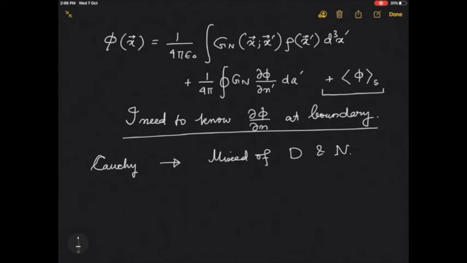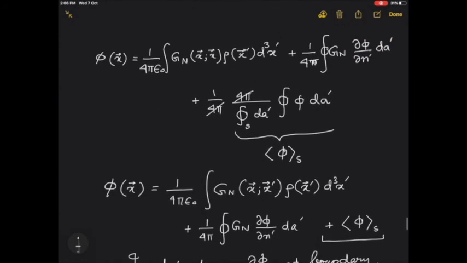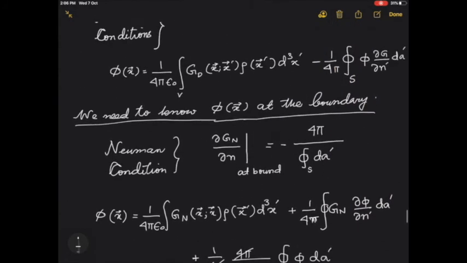But remember that you cannot specify both Dirichlet and Neumann conditions, which is both phi and del phi del n, arbitrarily at the boundary, because that will lead to inconsistencies. So that is not possible. But you can specify phi at certain parts of the boundary and del phi del n at certain other parts of the boundary. So that will be the Cauchy boundary condition. Okay.